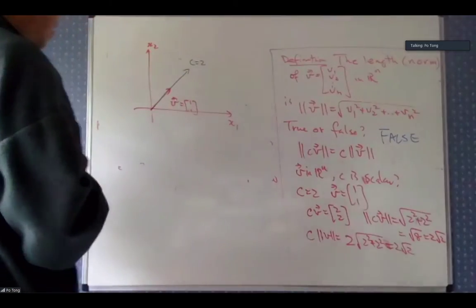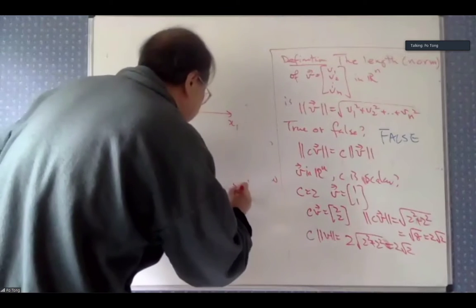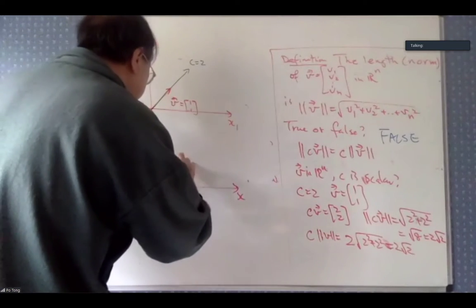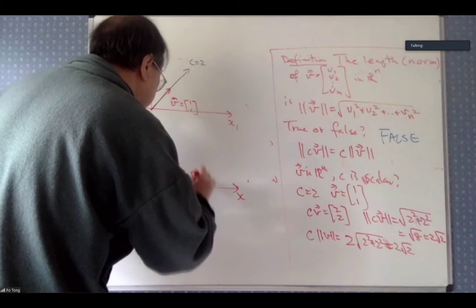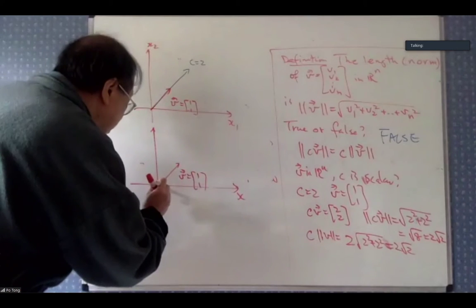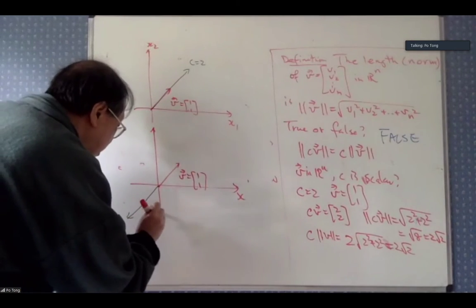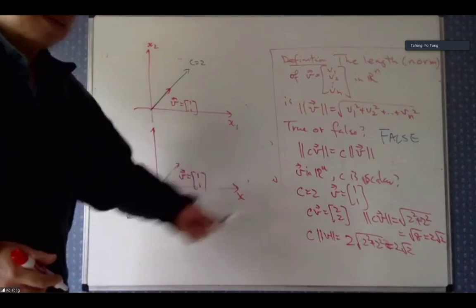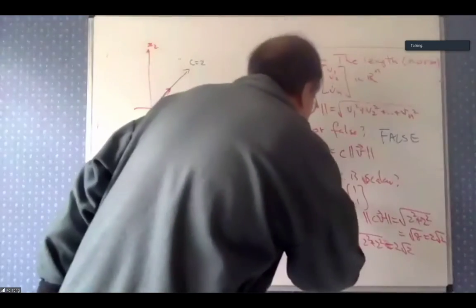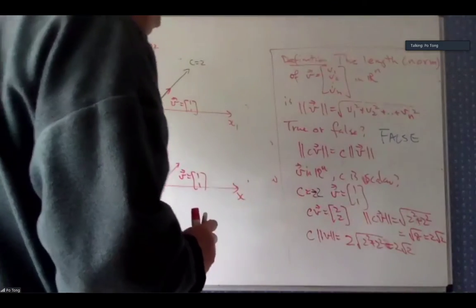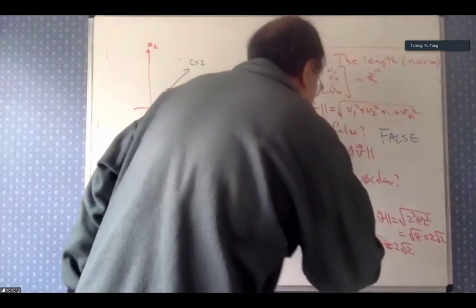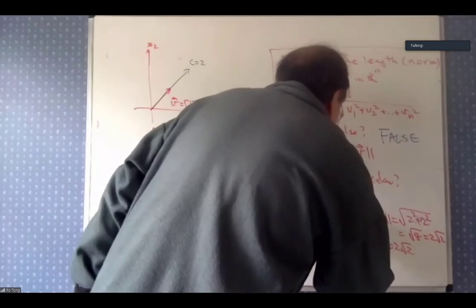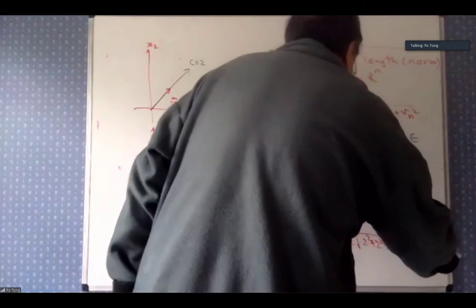What happens if I have a picture like this? You scale it to this side, c equal to minus 2. Would this still work? What happens if c is equal to minus 2 instead? If c is minus 2, then cv will be minus 2, minus 2, and the length will be this.